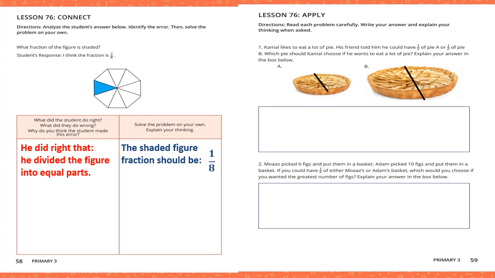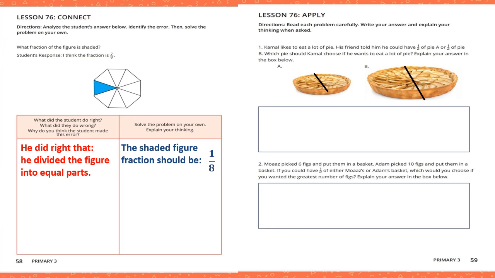Let's move to the apply part. Kamal likes to eat a lot of pie. His friend told him he could have half of pie A or half of pie B. Which pie should Kamal choose if he wants to eat a lot of pie? Look here. We have pie A, which is small, and pie B, which is large or big.